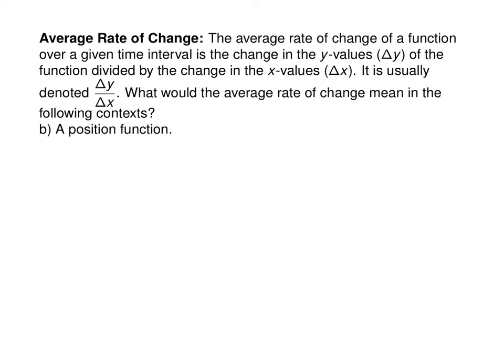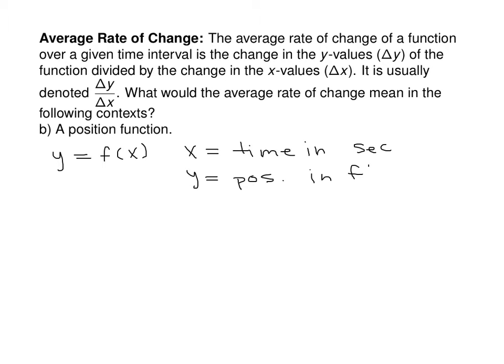suppose we have a position function. Let's just call it y equals f of x, where x is equal to your time, and it's measured in, we'll say, seconds, and we'll let y equal your position measured in feet.